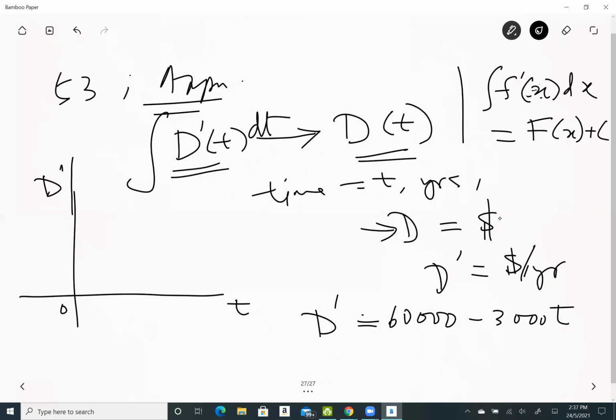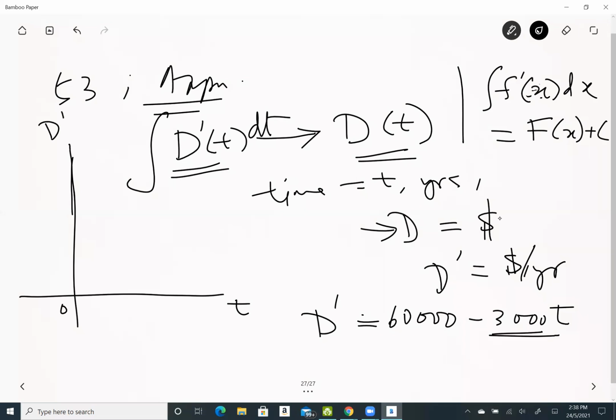Now, how does it slope? Is it going downward or upward? Downward. It's a negative slope, that means the line is going down. The slope is negative 3,000. What is the D prime intercept? 60,000.